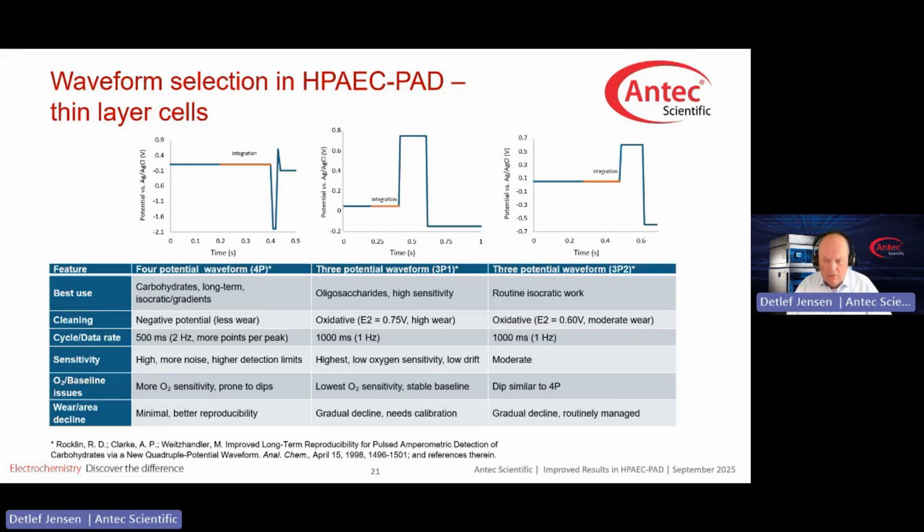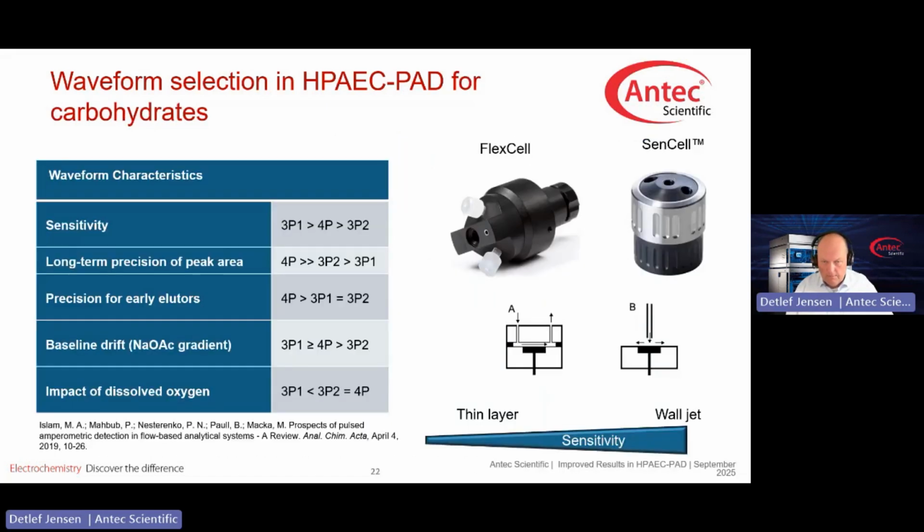Now, this is important to remember. You can acquire 2 data points per second, or 2 hertz, with the 4-potential waveform, and only 1 hertz with the 3-potential waveforms. Essentially, the 4-potential waveform is especially useful for integrating early eluting and very sharp chromatographic peaks.